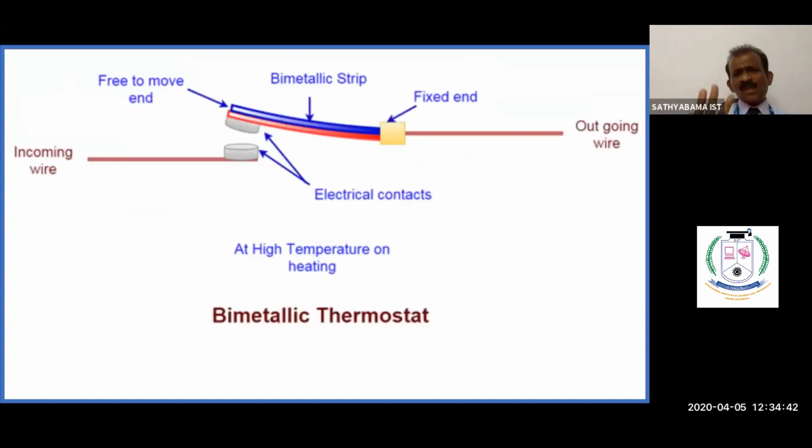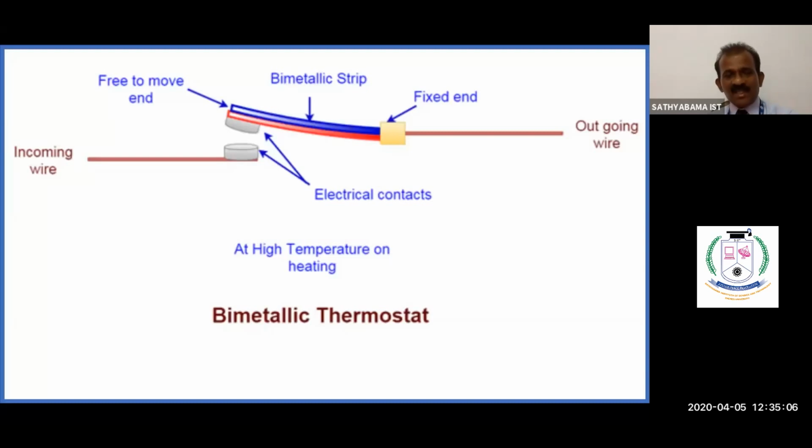Here, see the example, the bimetallic thermostat. We can connect two wires with the help of this bimetallic strip. Here, the left hand side is the incoming wire and the right hand side is the outgoing wire. In between, we have the bimetallic strip. Initially, the temperature is room temperature, and at that temperature the strip must be linear.